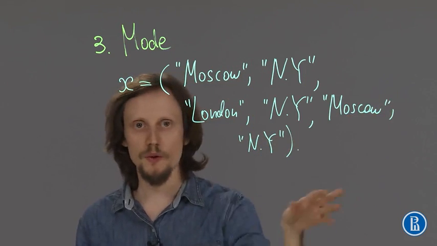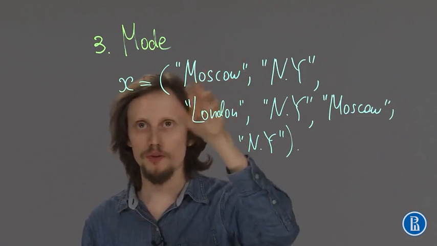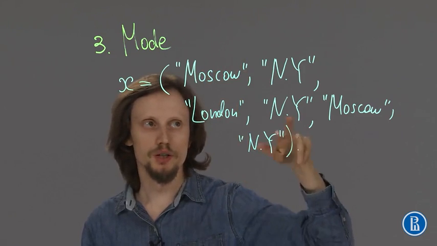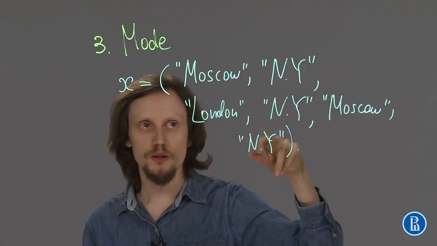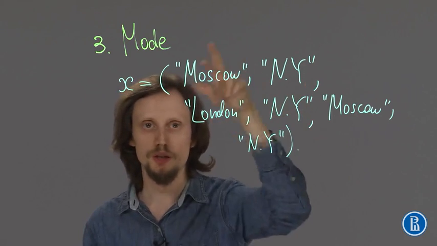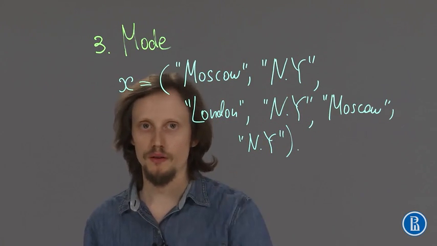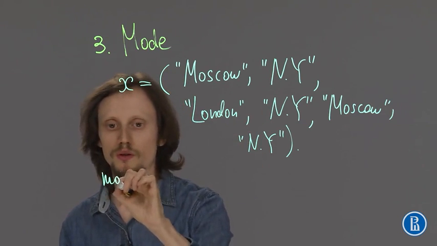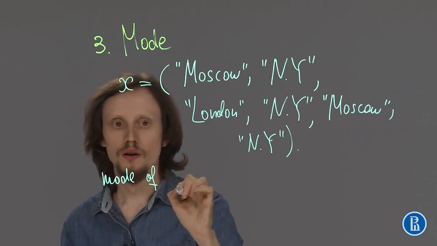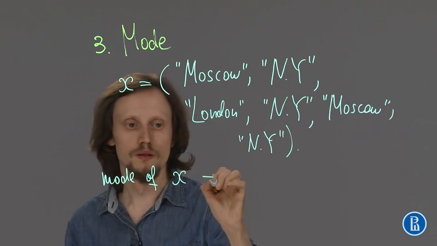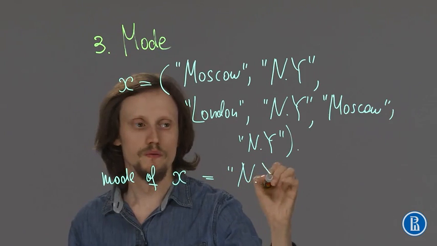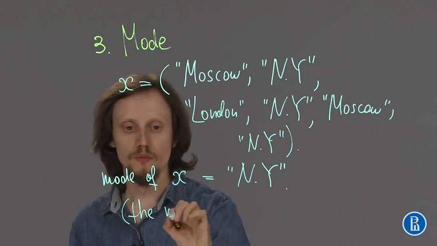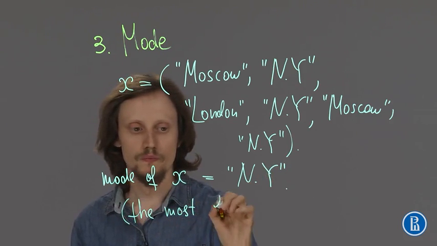In this case, we can find mode of this x, and it is just New York, because New York is the most frequent value in this set. So mode of X is New York, the most frequent value.